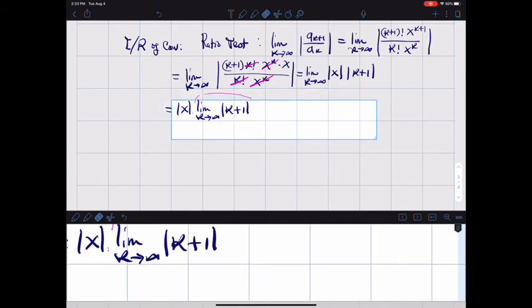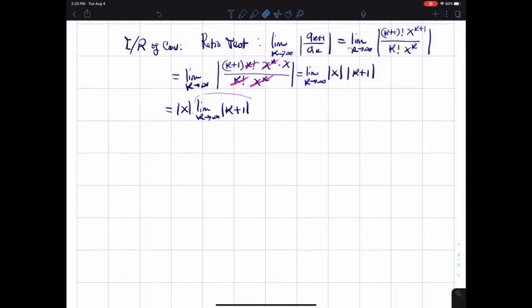Guys, maybe we should end here since I can't write anymore. This is terrible. Can't write. Maybe it's out of battery. I don't know. Okay, we're going to end here.